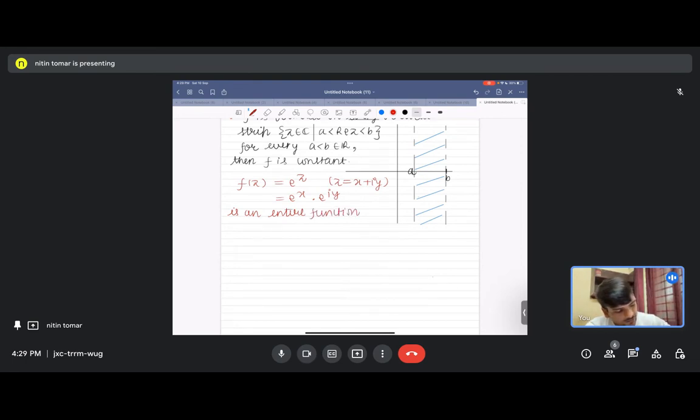And moreover, mod of f(z), we have discussed this, is e power x, and this function e power x will be bounded on each vertical strip, right?